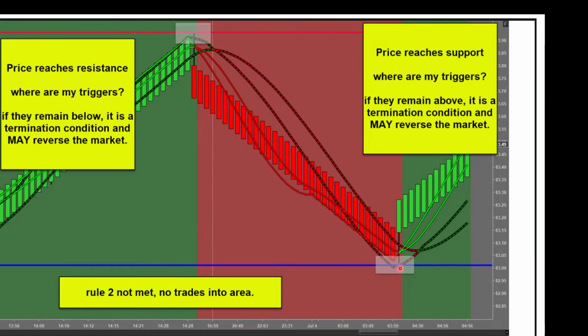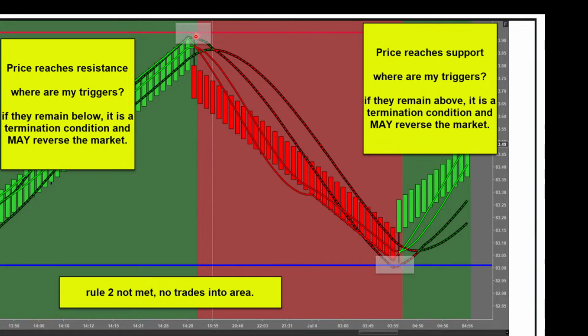Once price reaches an area, all you have to do is ask yourself, where are my triggers? If price reaches resistance and your trigger lines, small and large, remain below that area of resistance, that area is a termination condition. If price reaches support and your small and large triggers remain above support, that support is a termination condition.